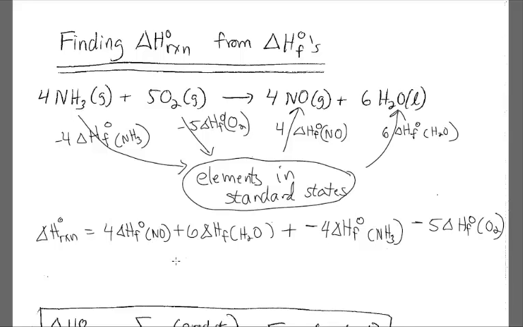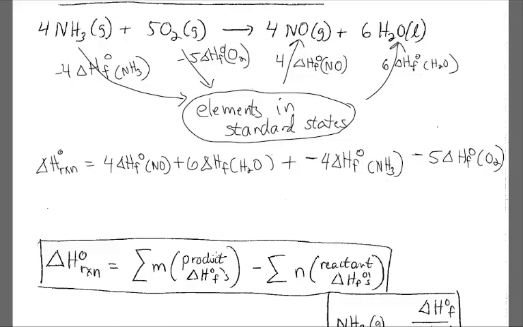Okay, so what we've essentially done is said that the heat of reaction is equal to the sum, this symbol is a summation symbol, the sum of the product heats of formation, each multiplied by their coefficients from the original equation, minus the sum of the reactant heats of formation times their coefficients.